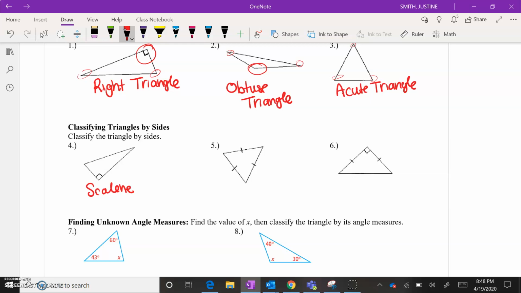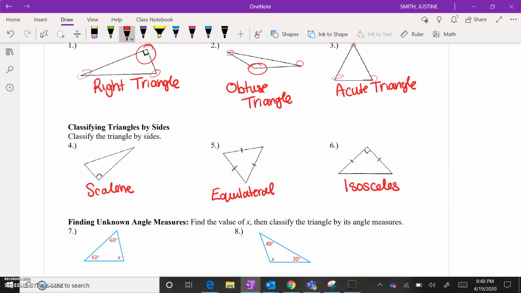For number 5, you have the tick marks on all three sides, so we know that this is going to be an equilateral. Okay, and then for number 6, we have the markings on the two sides, so we know that this is isosceles.